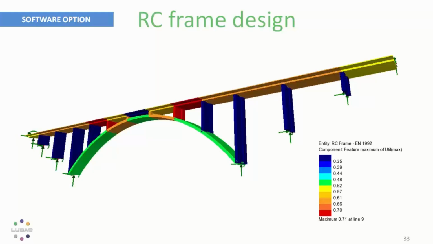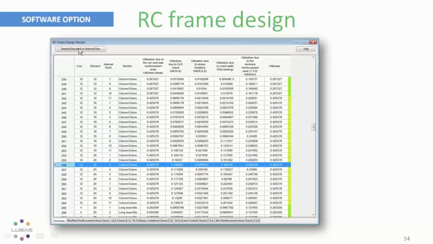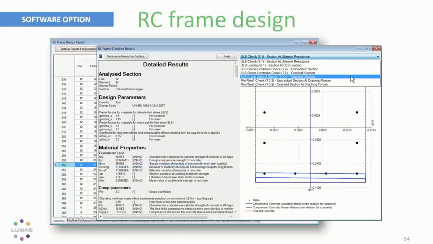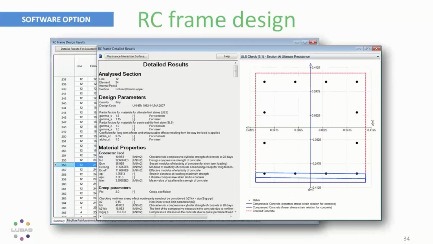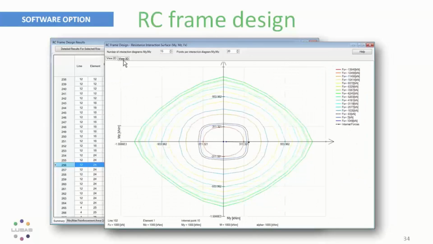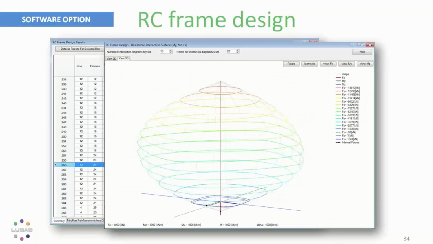And you can view utilization contours, as we can see here. You can also examine the calculations for any location and even view moment and axial force interaction plots and interaction diagrams in 2D and 3D.